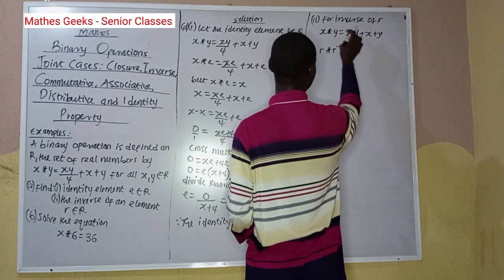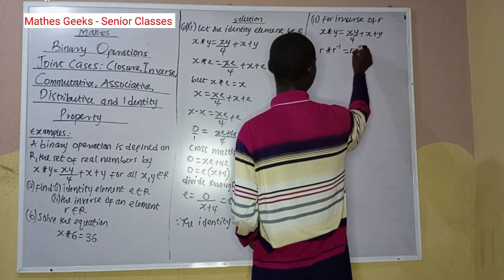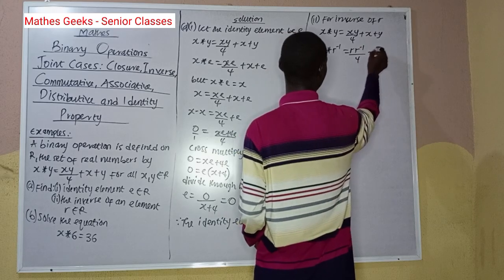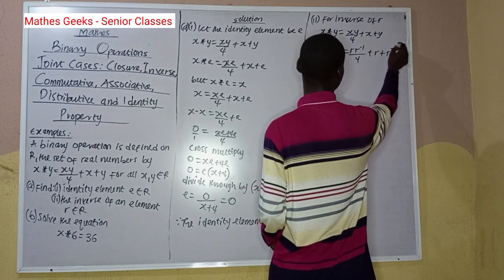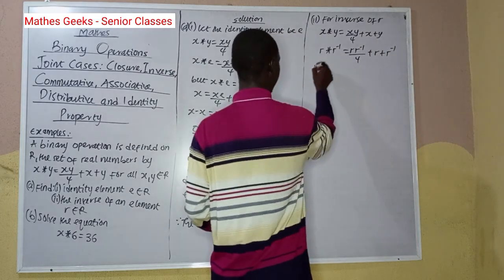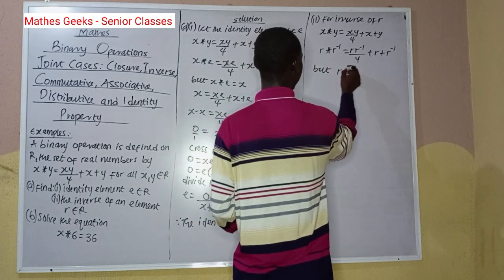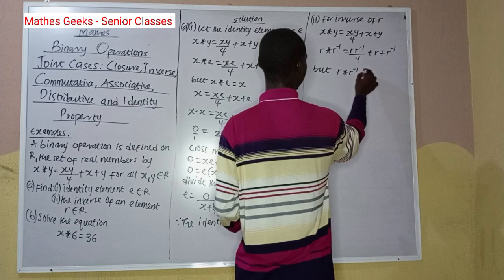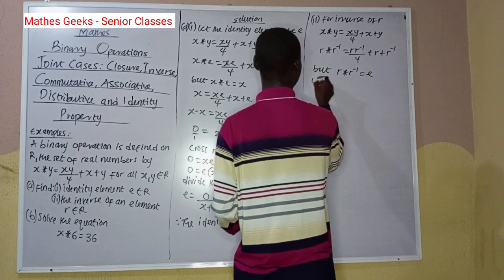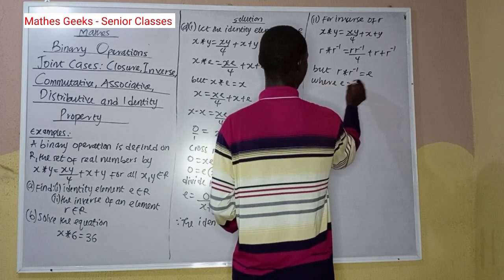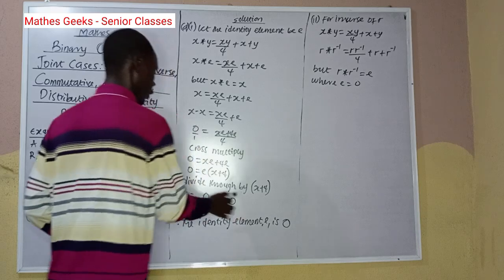This will give us x is R, so R times R inverse over 4 plus R plus R inverse. But R operation R inverse is equal to E, where E is equal to 0 from here.